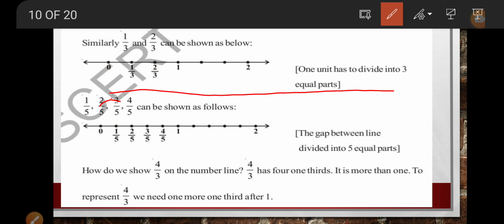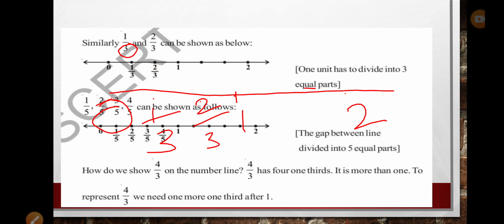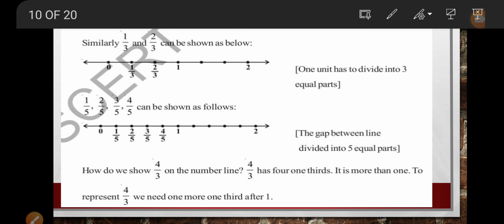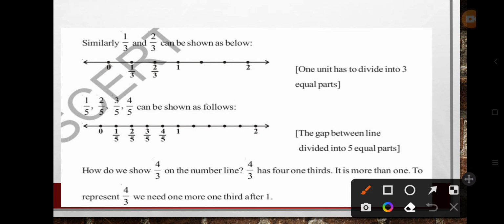You have to represent 0 and again 1, here 2, and this one should be divided into as many parts as there are in the denominator, from 0 to 1. For 2/3, that is 1, 2, 3 equal parts up to 1. And look, below there are 5 here. So from 0 to 1, clearly, 0 here, 1 2 3 4 5 parts. We divide into 5 equal parts.